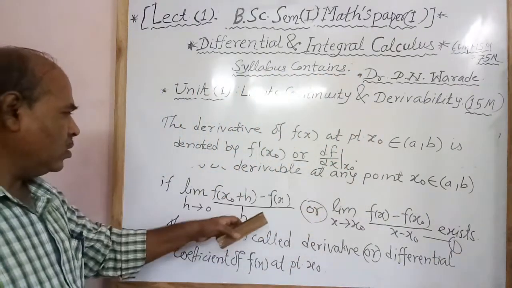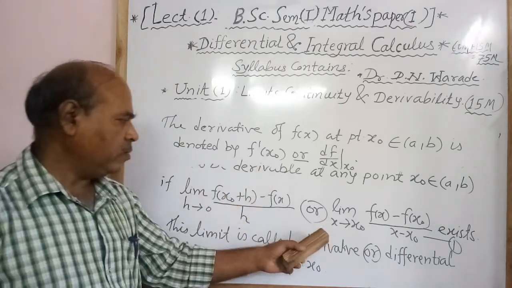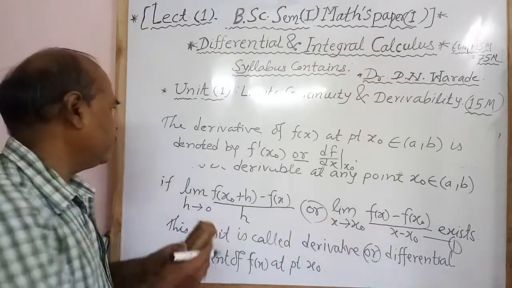Therefore, from equation 1, we say that f dash of x0 equals this limit, or f dash of x0 equals the second limit.